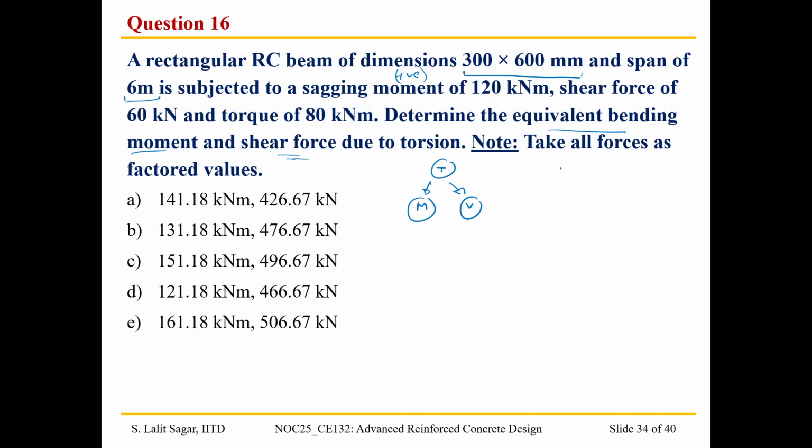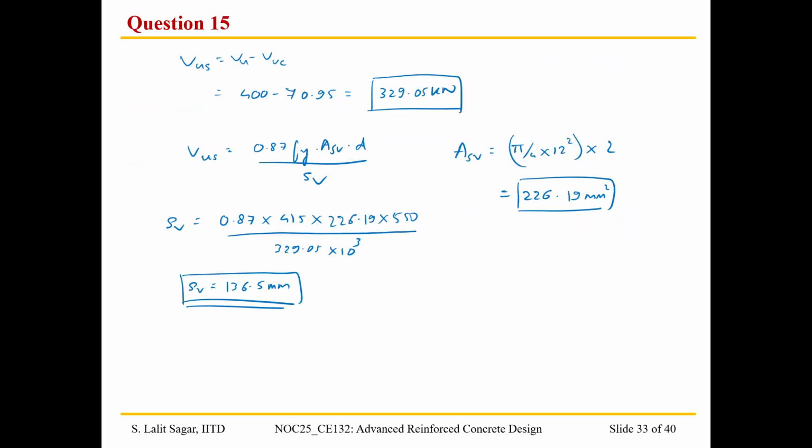In this case, we have a design moment, a design shear force, and a torque as well. From this, we are going to reduce it to equivalent bending moment and equivalent shear force, and then design the reinforced concrete beam. We can start solving the problem.